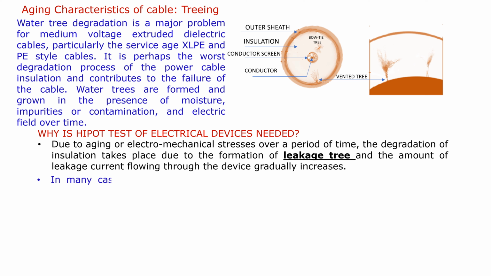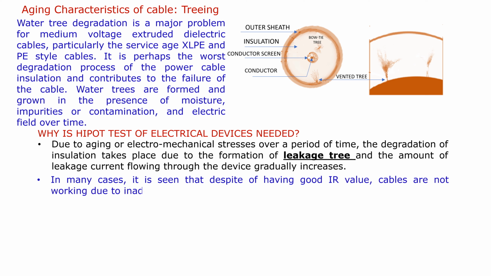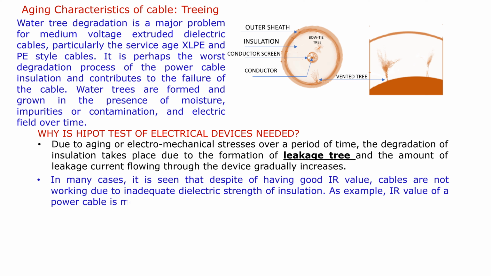In many cases, it is seen that despite having good insulation resistance value, IR value, cables are not working due to inadequate dielectric strength of insulation. As an example, IR value of a power cable is measured satisfactory, but when it is loaded, it is seen as faulty.